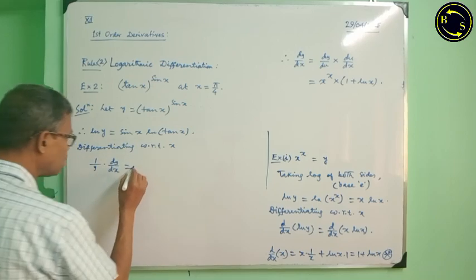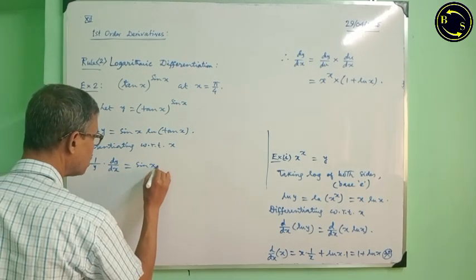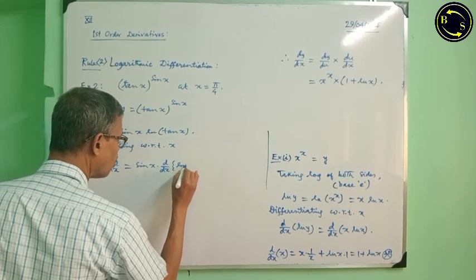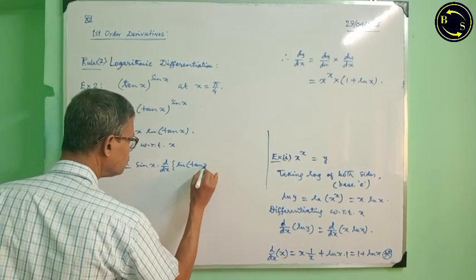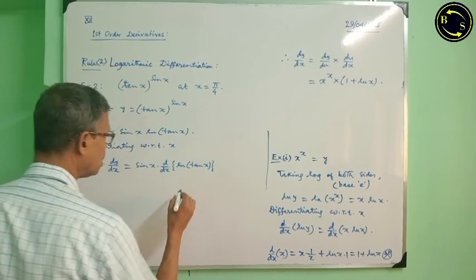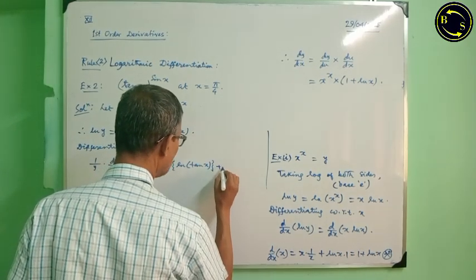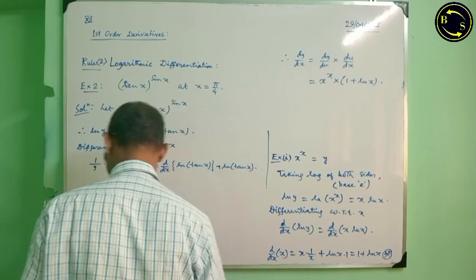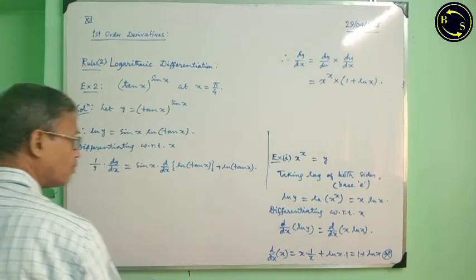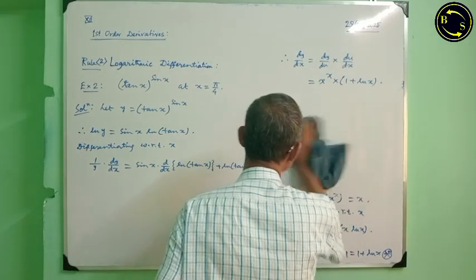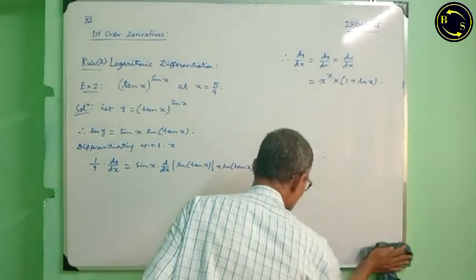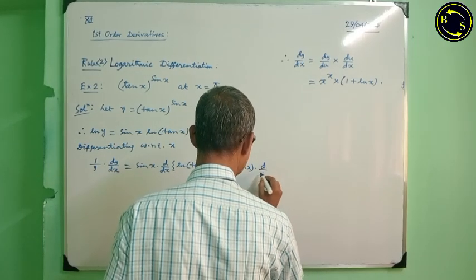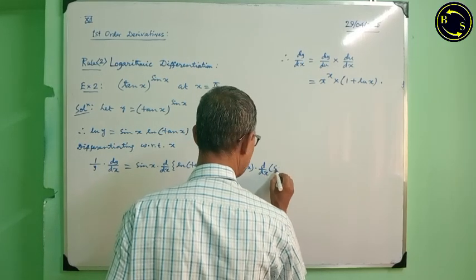Then on the right side, sin x into d/dx of log tan x plus log tan x into d/dx of sin x.